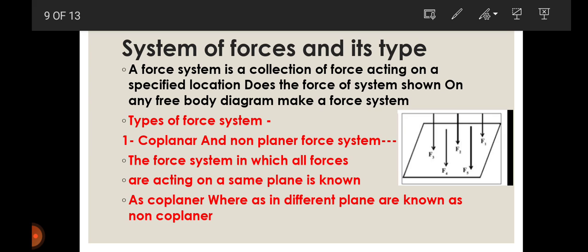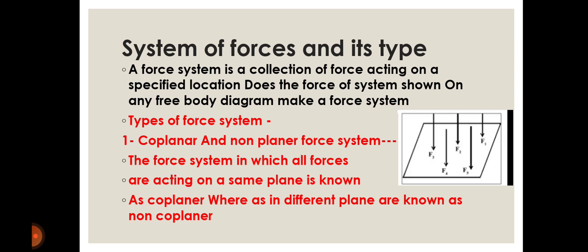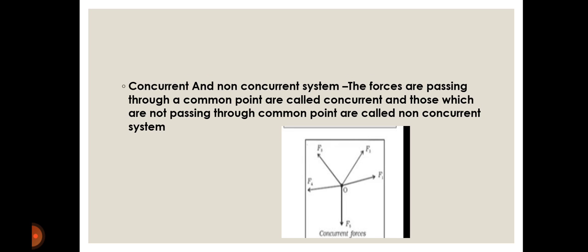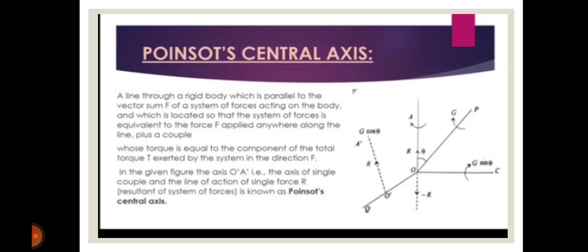The force system in which all forces are acting on the same plane is known as coplanar, whereas forces in different planes are known as non-coplanar. Second is concurrent and non-concurrent system. The forces passing through a common point are called concurrent, and those which are not passing through a common point are called non-concurrent system.